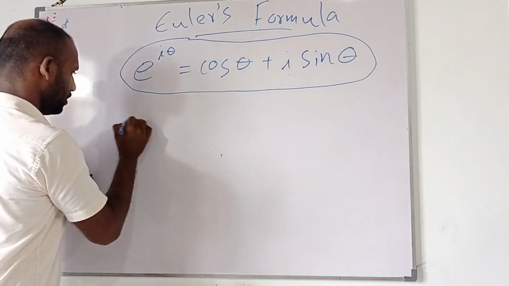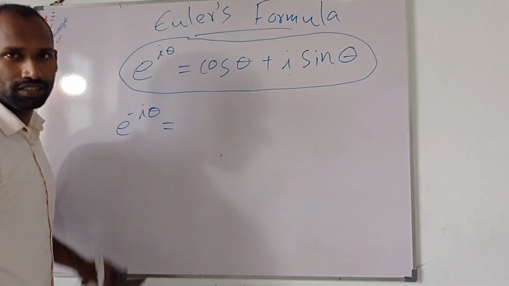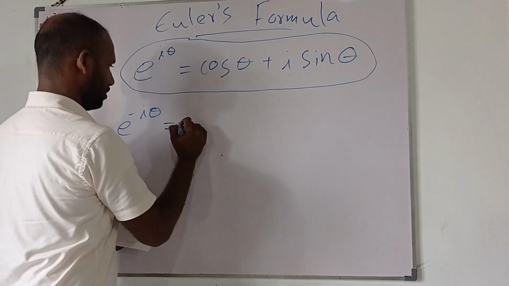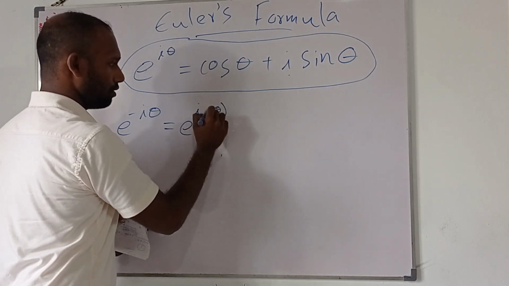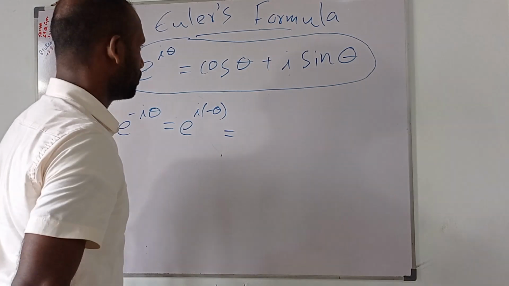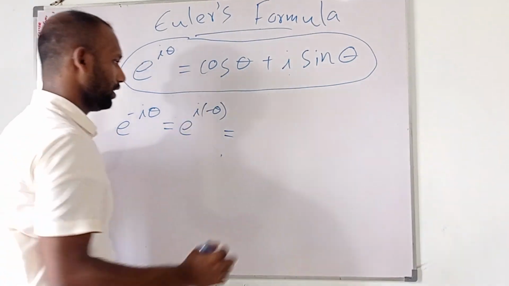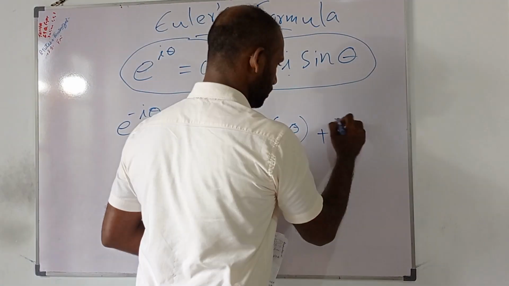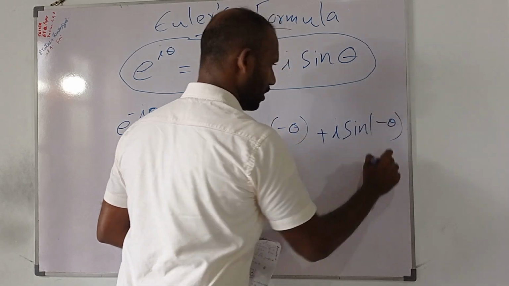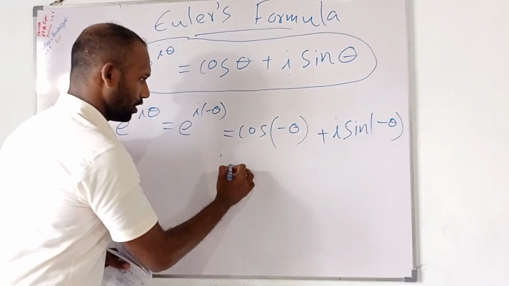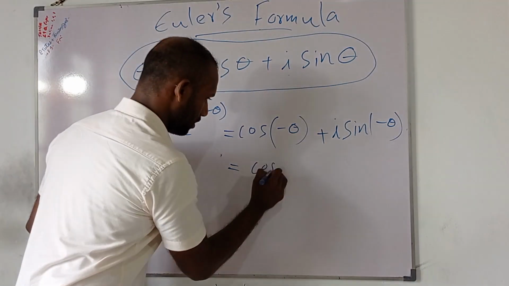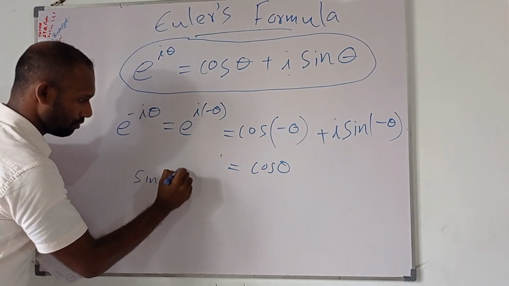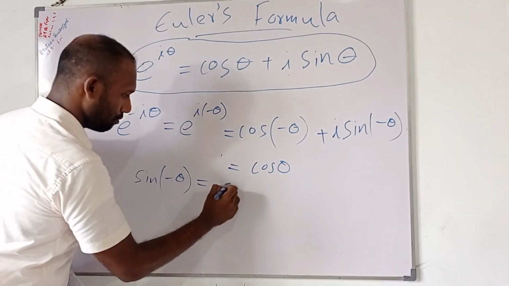So similarly, e to the power minus i theta equals e to the power i times minus theta. So substitute minus theta in this equation: cos minus theta plus i sin minus theta. So cos minus theta is cos theta. We know that sin minus theta equals minus sin theta.